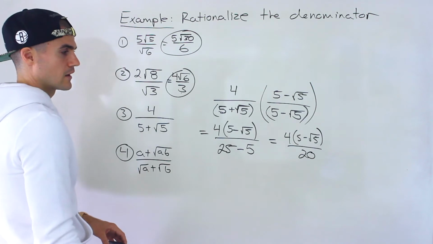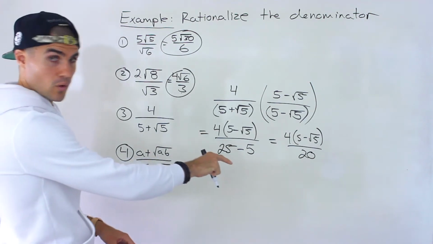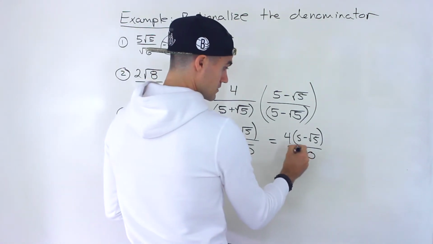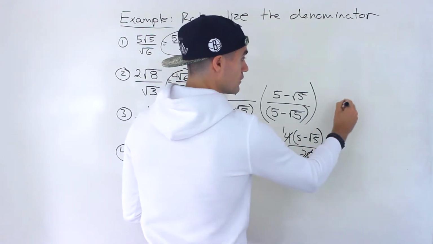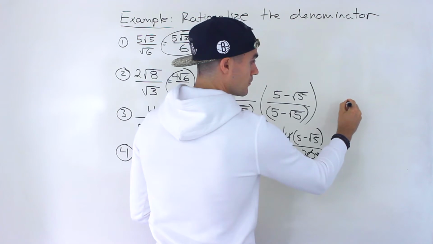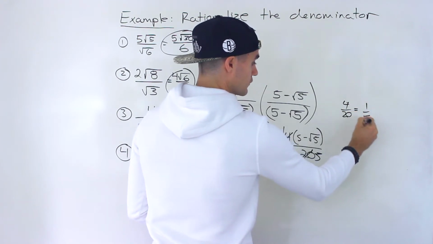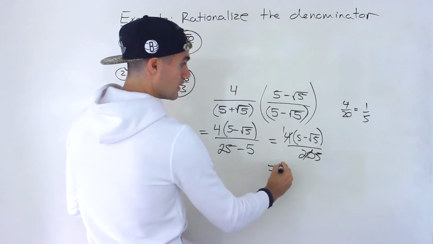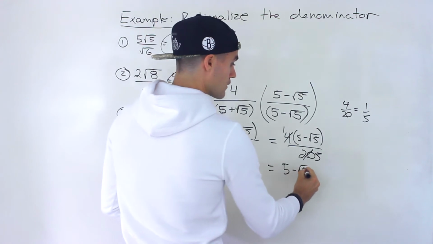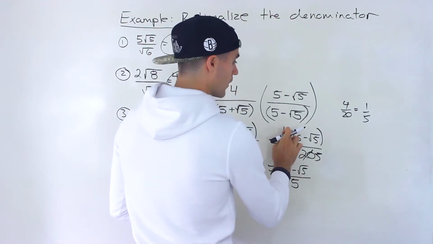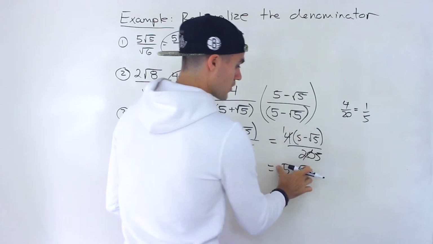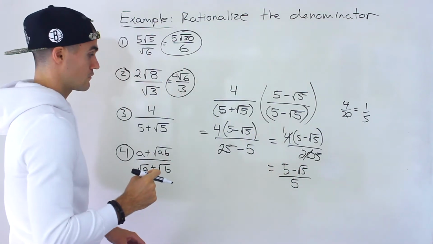And then notice the 4 over the 20 simplifies. 4 over 20, divide this by 4, divide that by 4, that would simplify to 1 over 5. So this would end up being 5 minus root 5 all over 5, because there's like a 1 in front here, so multiplying it by this bracket, we just end up with 5 minus root 5.